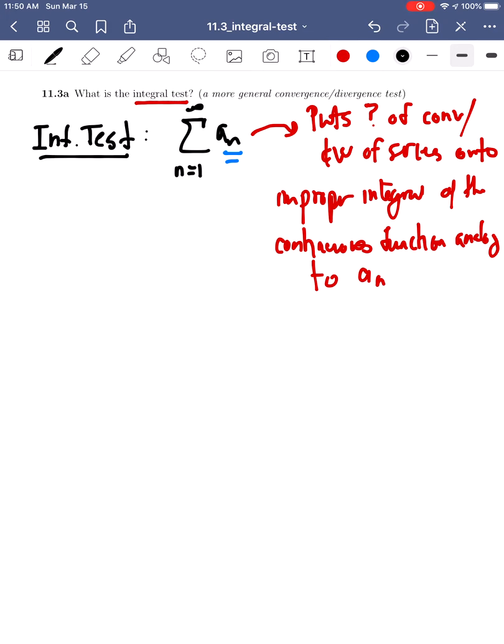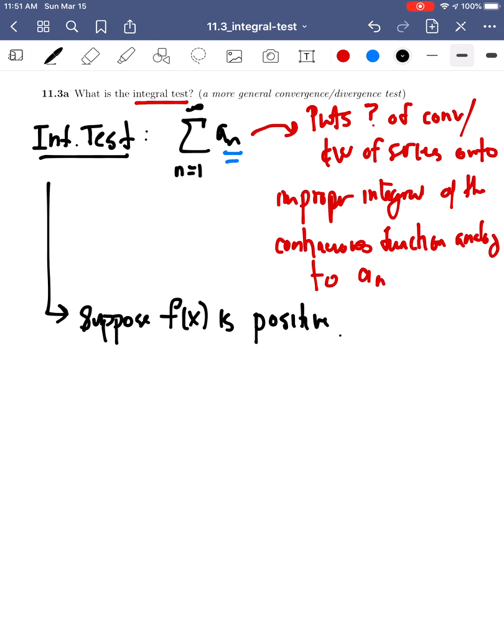So if we have this series from n equals 1 to infinity, what the integral test says is suppose f is some continuous function, and it's three things: positive, continuous, and decreasing.